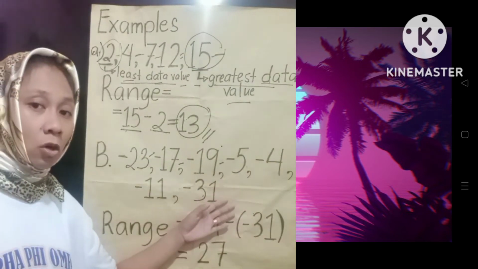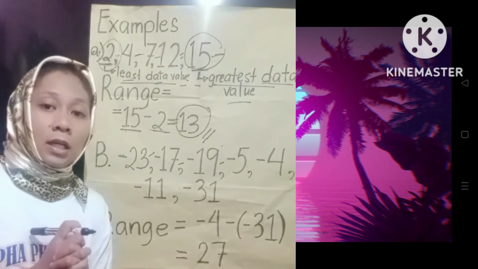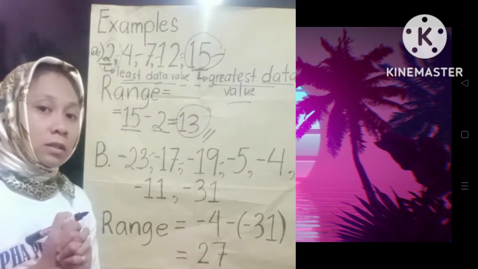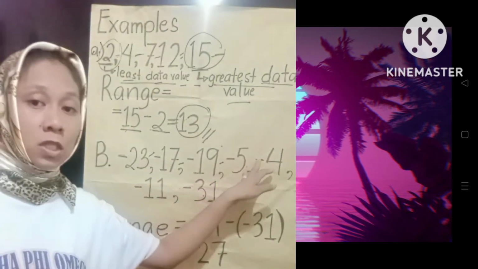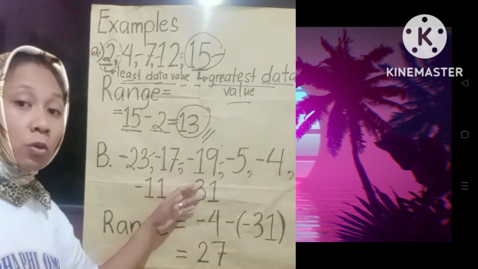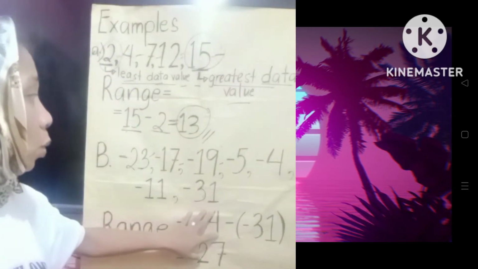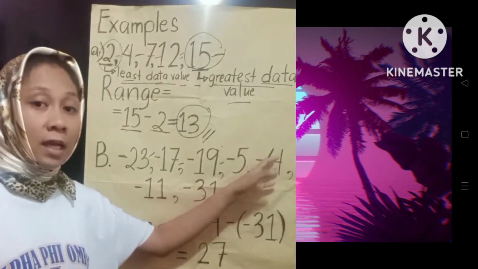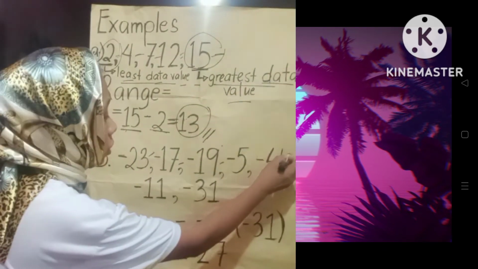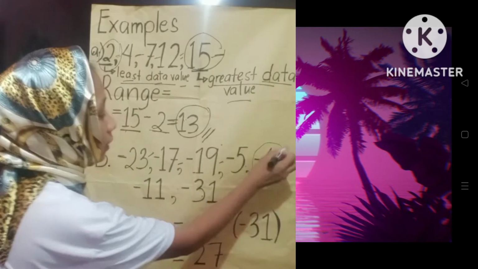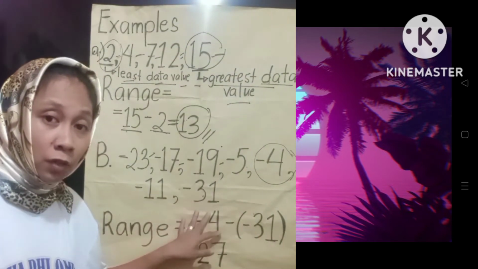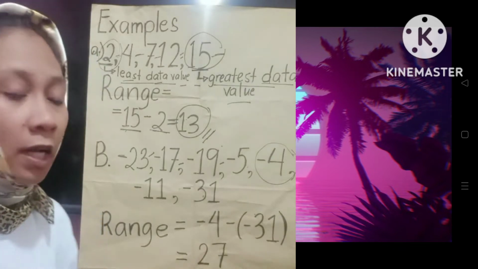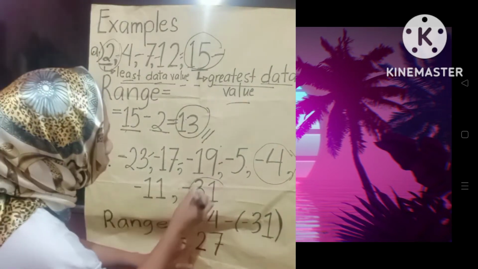Remember, kapag ang number na binigay sa inyo ay may mga negatives, hindi kayo magbe-base kung ano yung pinakamalaking number. Kung ano yung pinakamaliit na number na may negative, yun yung pinaka-highest, which is negative 4. Kung ano yung pinakamalaking number dito na negative, yun yung magiging least data value nyo, which is negative 31.